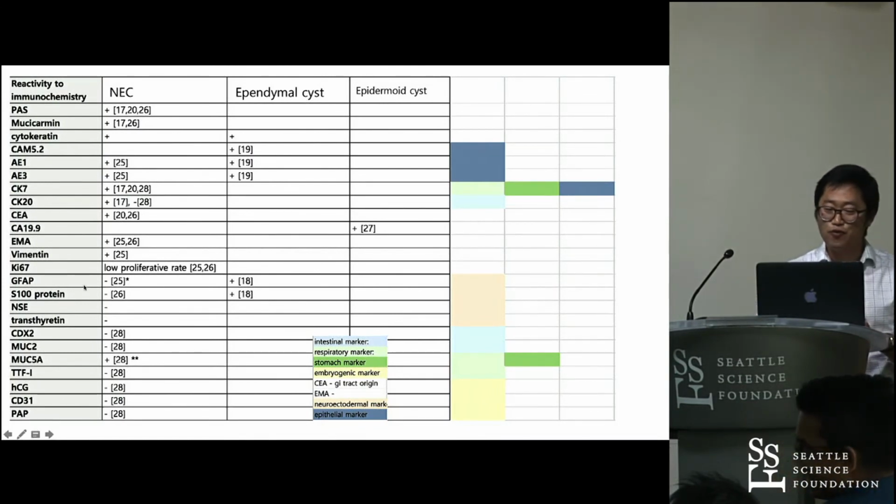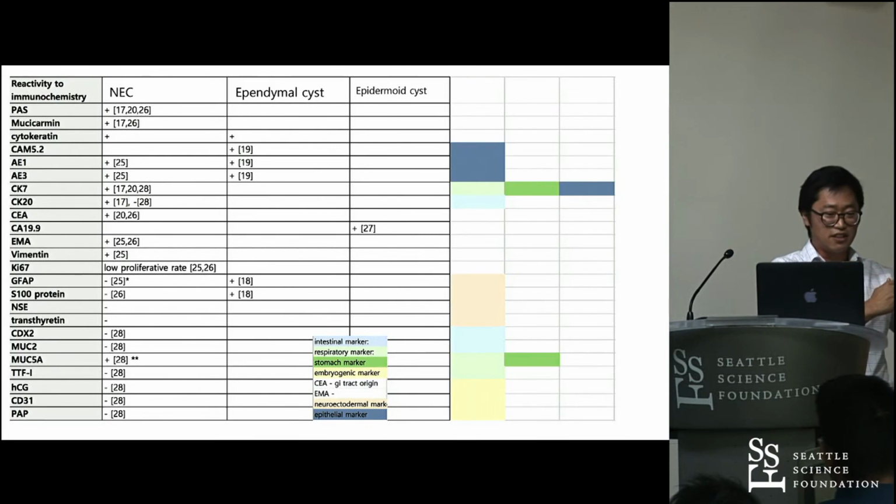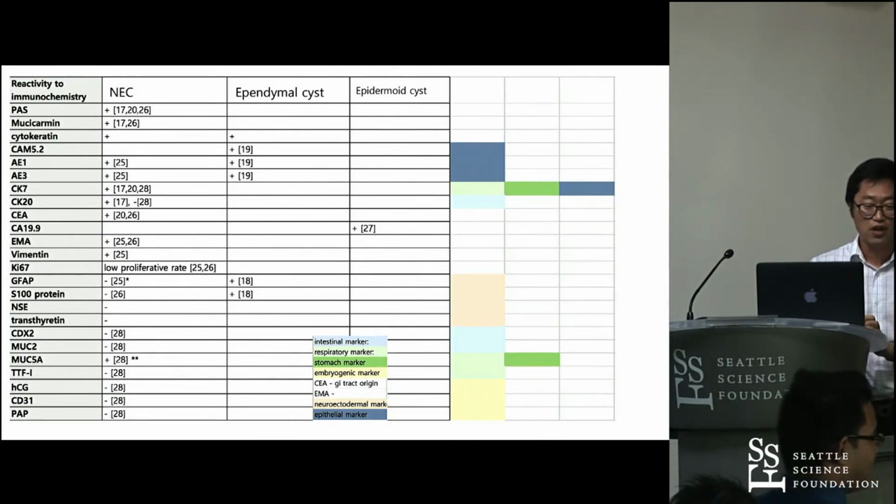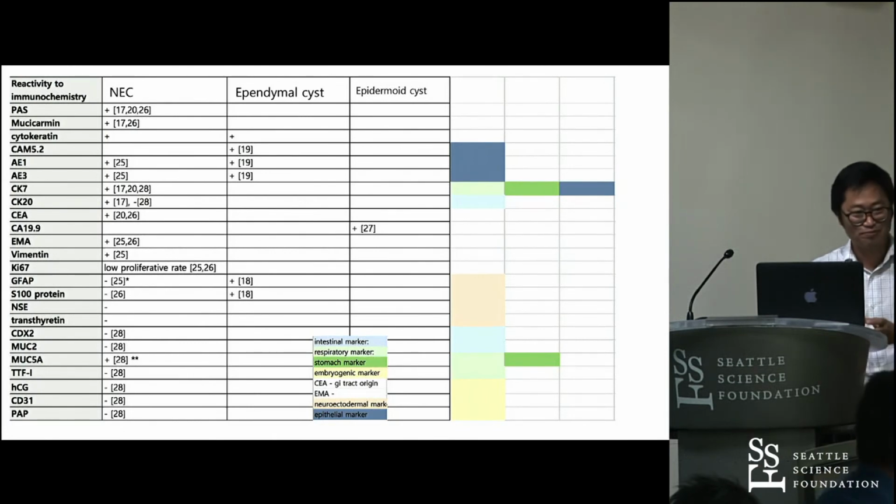But I think there was only one study whereby GFAP was positive in a neurenteric cyst, and they were saying that it could be just focal tissue that remained during the growth of that cyst, which contributed to that. But other consistent studies afterward haven't really found that positivity on the staining. Thank you.